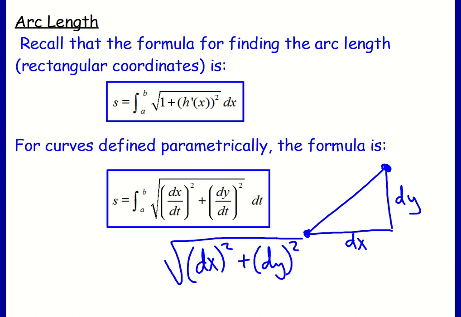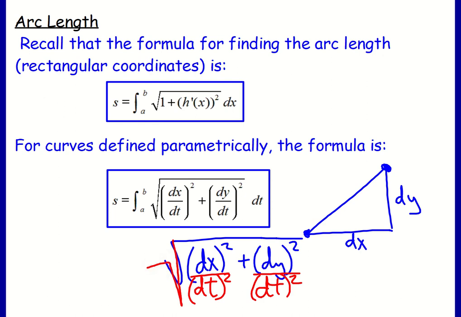But I would have to add all those up, so I would need an integral. In this case, I've got parametric equations. So I'm just going to say, well, let's divide everything here by dt quantity squared and dt squared there as well. And let's just make it the square root of the whole thing.